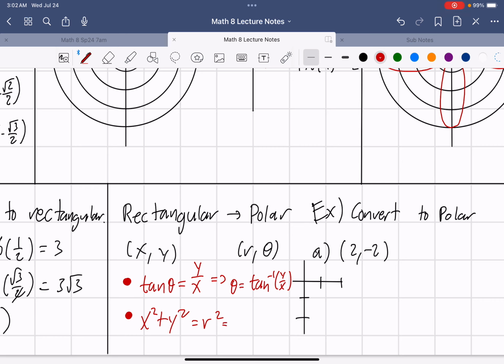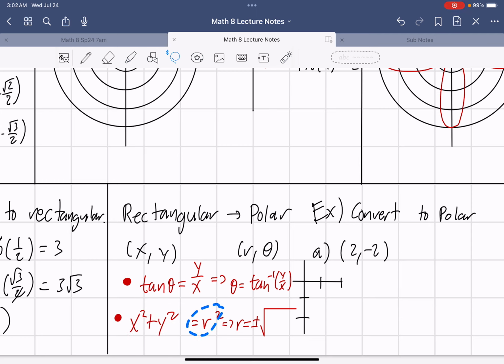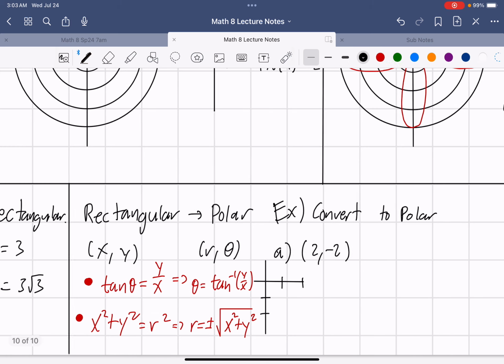And then I can rewrite that into r is equal to plus or minus the square root of x squared and y squared. Let's do an example.